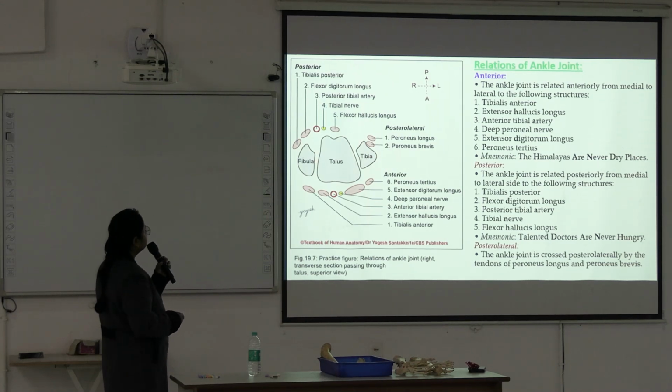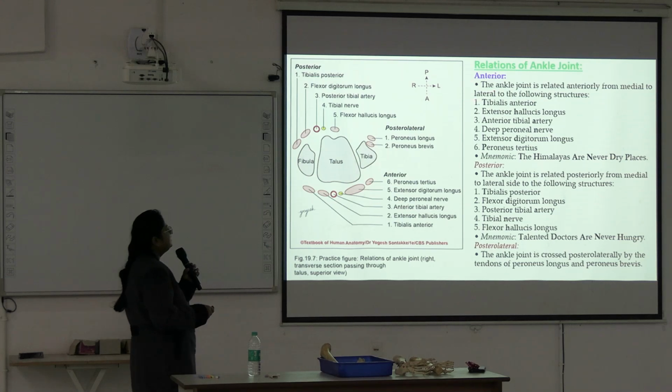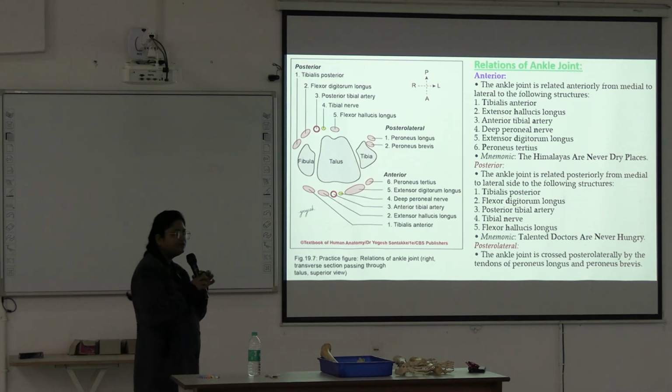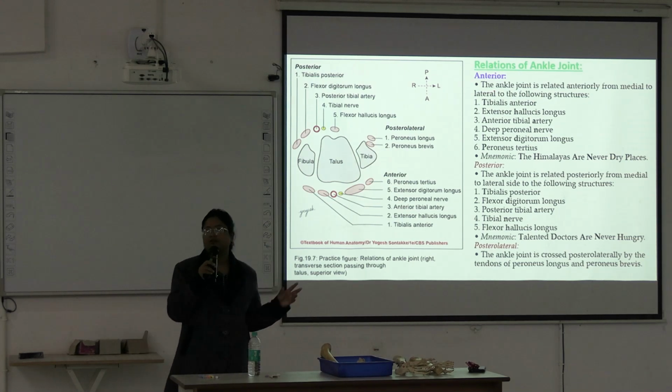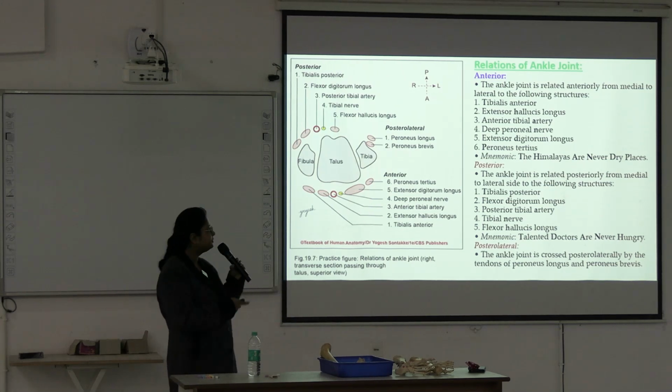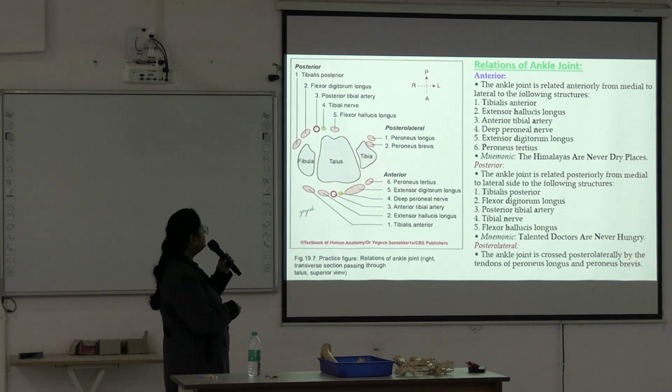So these structures are lying anteriorly, these laterally, this is posterolateral, and these structures are lying posteriorly. The anterior structures you have seen are the anterolateral compartment muscles, nerves and vessels, crossing in front of the anterior aspect of the ankle joint. These are the same structures.